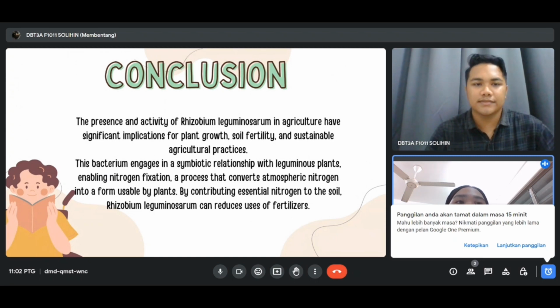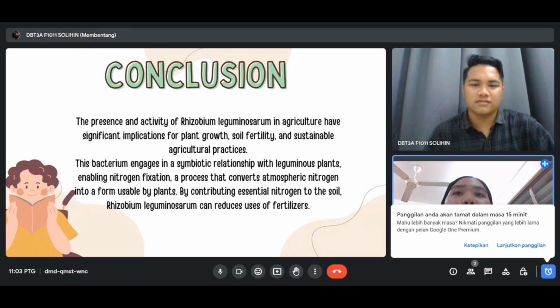We know fertilizer contains chemicals, right? Yes. When we use Rhizobium leguminosarum, we can reduce soil pollution and disease in humans, like cancer. So Rhizobium leguminosarum in agriculture is a natural way to increase the yield of the plant.